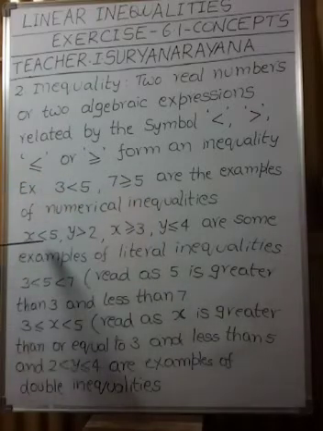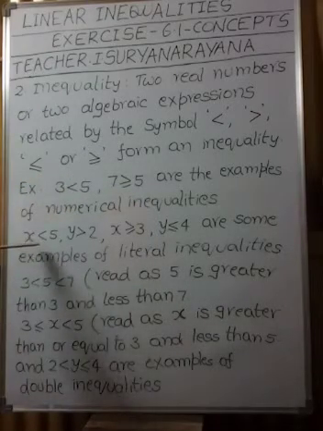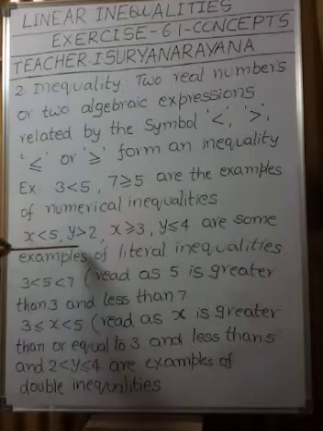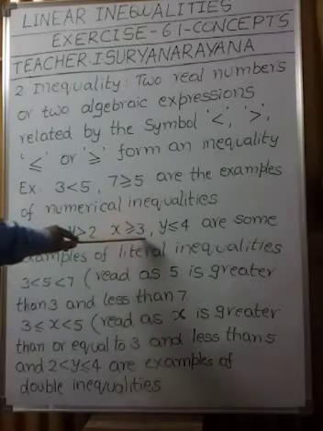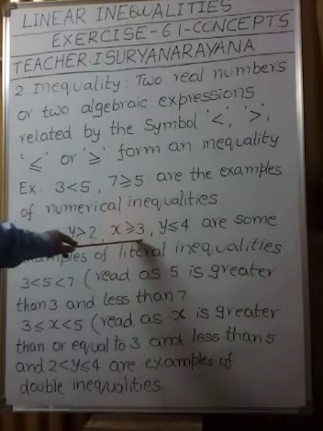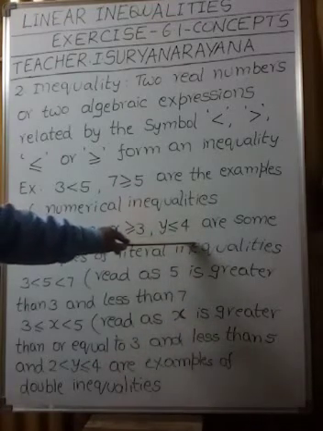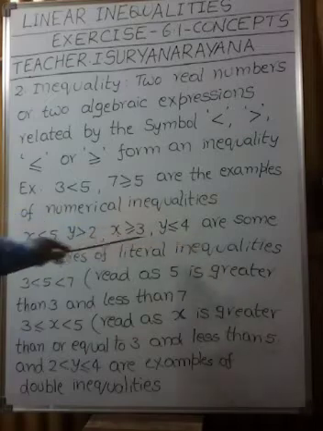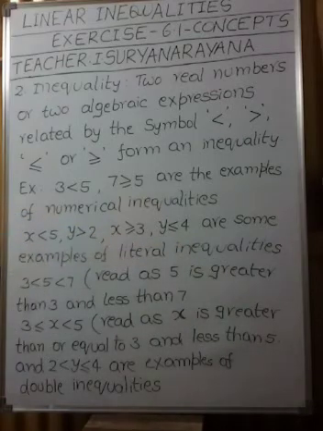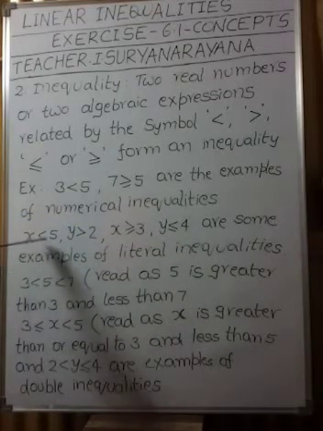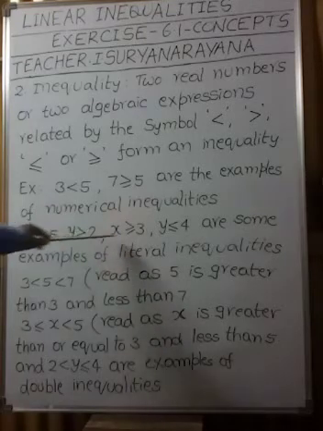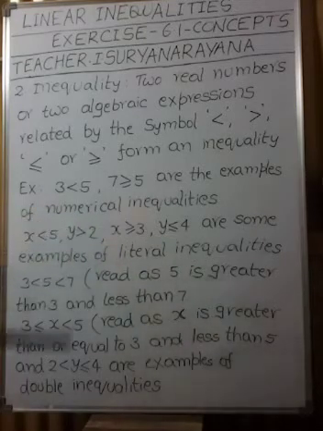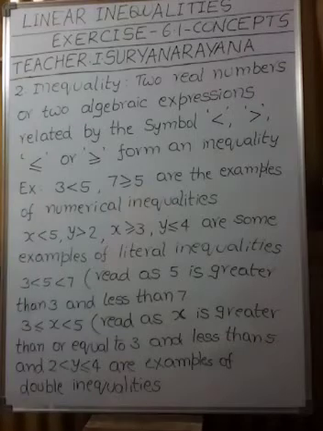Now come to this point. x less than 5, y greater than 2. x is greater than or equal to 3, y is less than or equal to 4. If you observe these inequalities, here one variable, right side is one numerical value. In all these inequalities, variable is there.